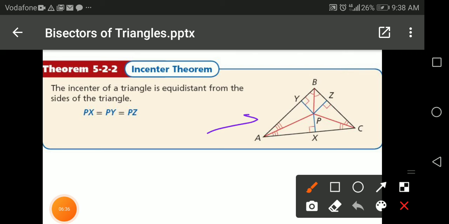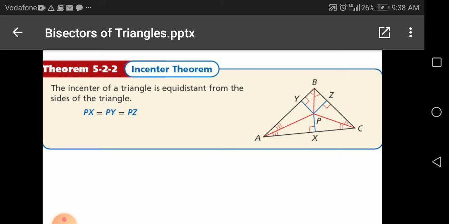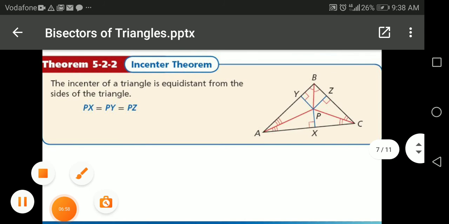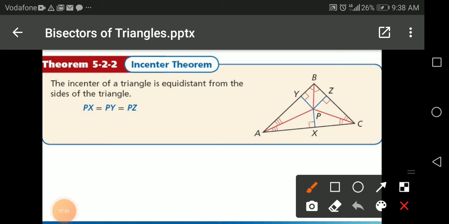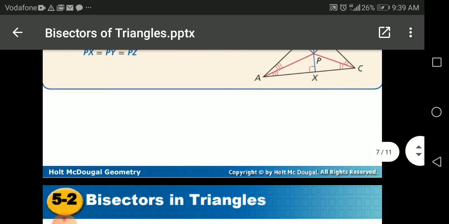In this theorem, if I have angle bisectors, and the sides are equidistant from the center of the triangle, therefore the perpendiculars PX, PZ and PY are equal. The segments are equal.